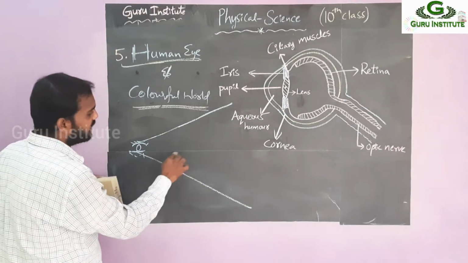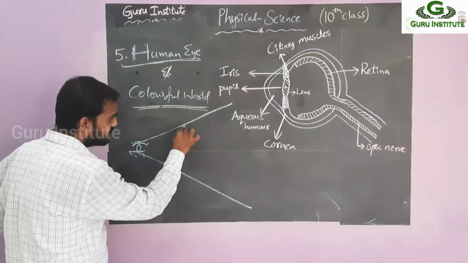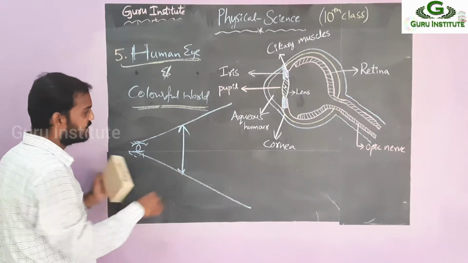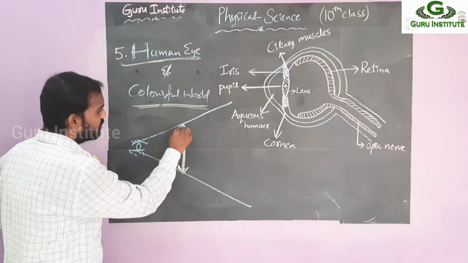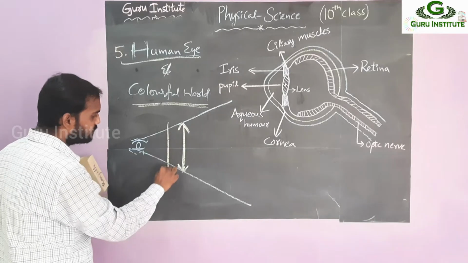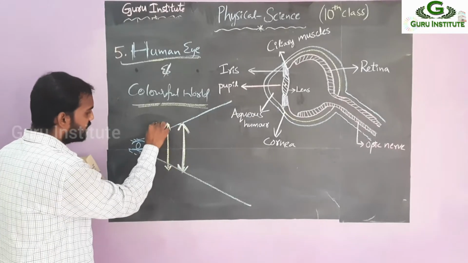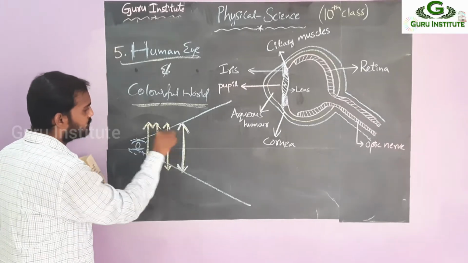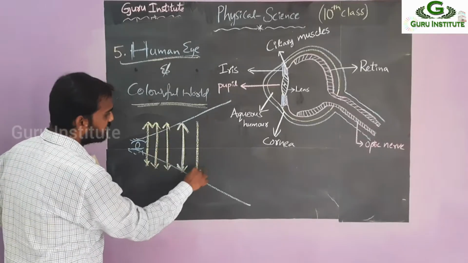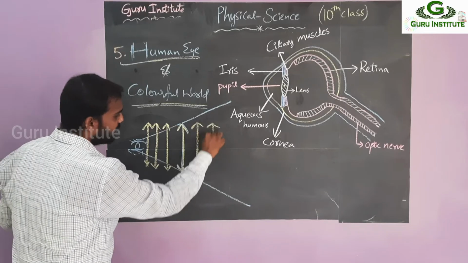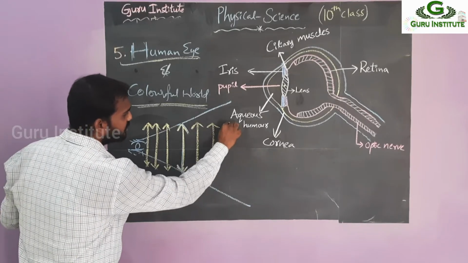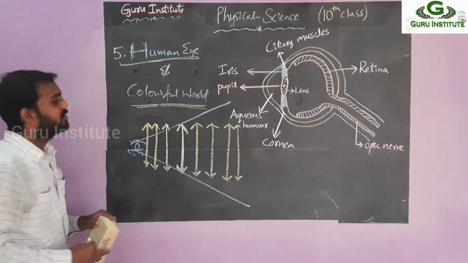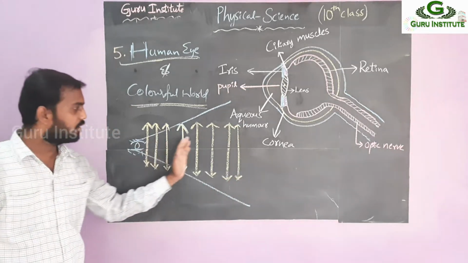Suppose I take an object of some 6 centimeter height, and keep it in front of the eye and gradually move it forward.